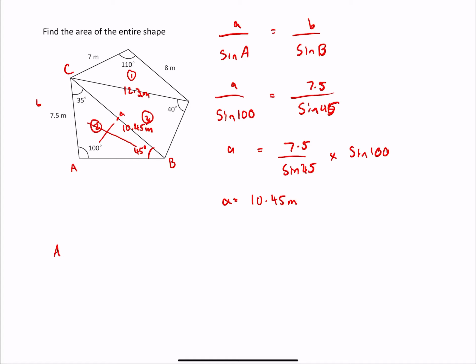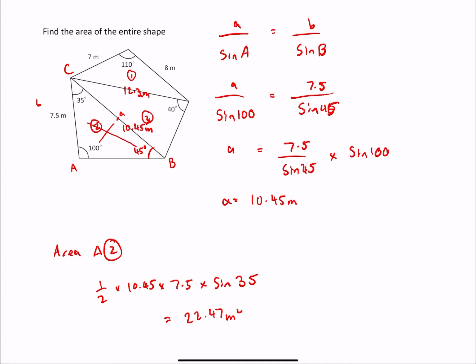So area of triangle 2 is going to be a half times 10.45 times 7.5 times sine 35, which gives me an area, quickly on my calculator, of 22.47 meters squared.